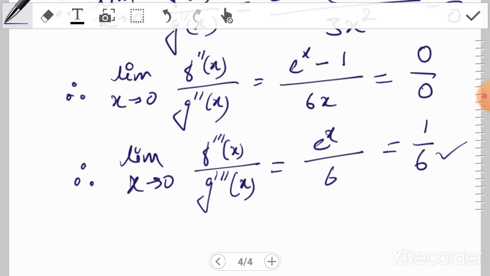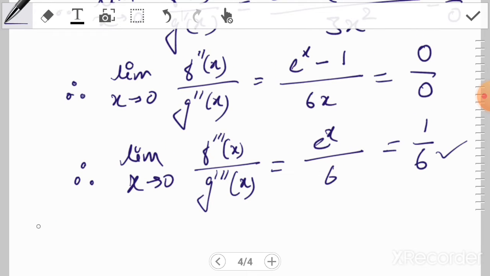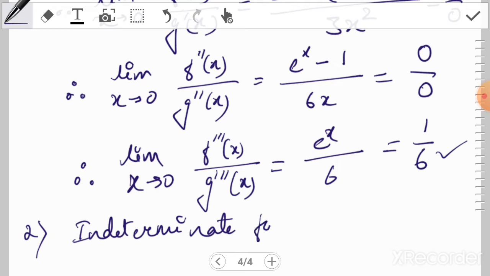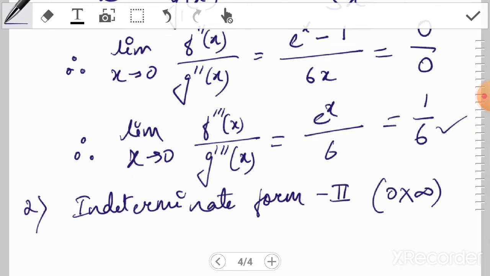So next is indeterminate form 2, the second indeterminate form, which is 0 into infinity. So this is also an indeterminate form. This form can be easily reduced to the form 0 by 0 or infinity by infinity, and then L'Hospital's rule may be applied.